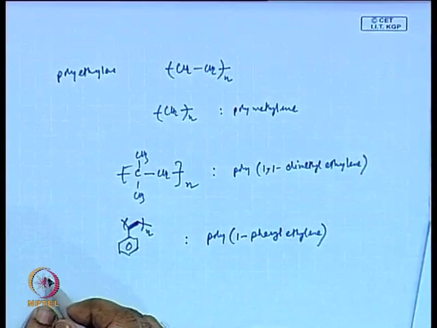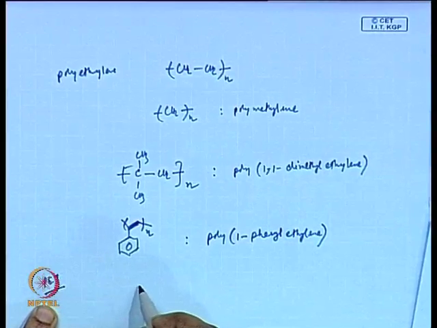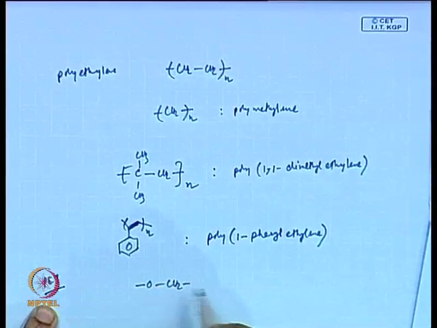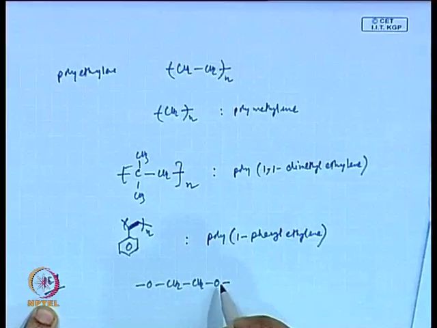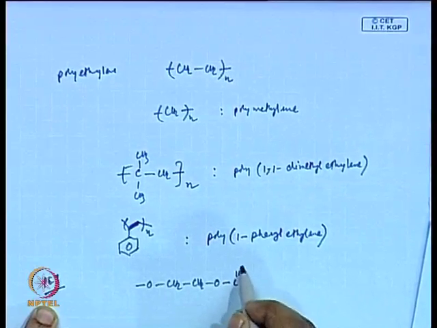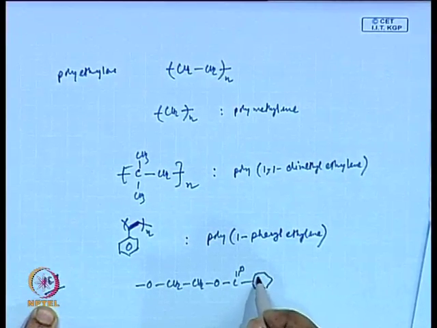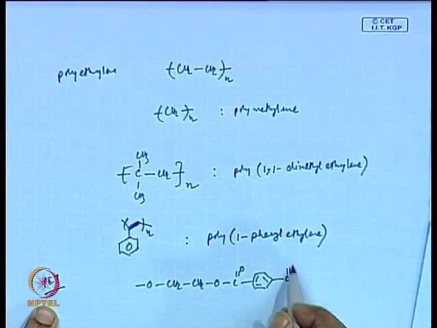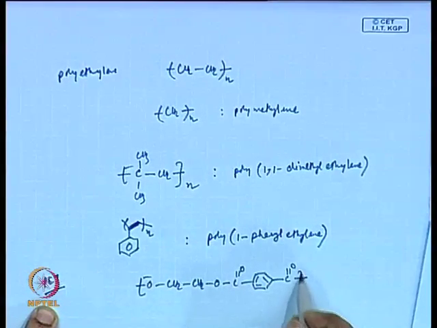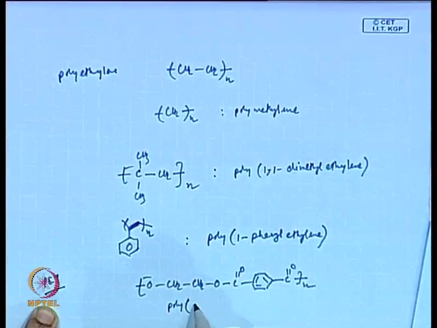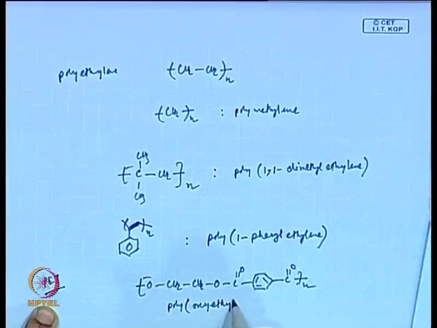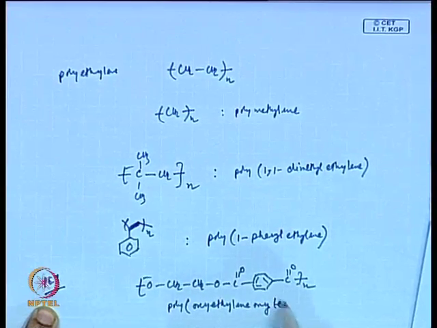So, the PET molecule, polyethylene terephthalate, we have to write according to the seniority, the constitutional repeat unit like this, and the IUPAC name accordingly would be polyethylene oxide, this is terephthalate.